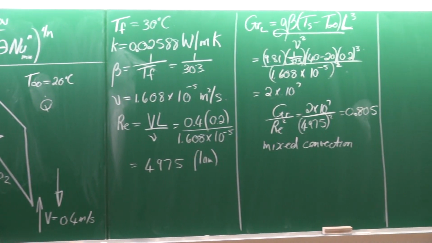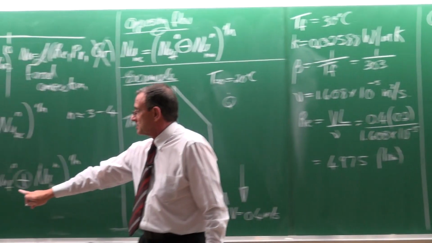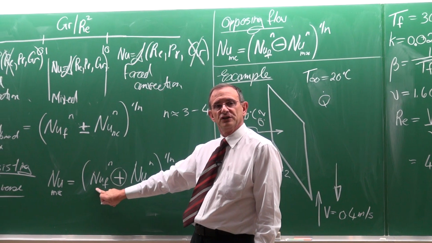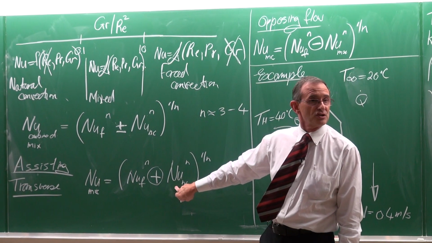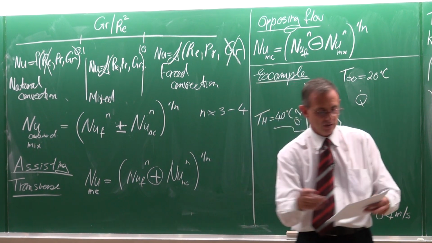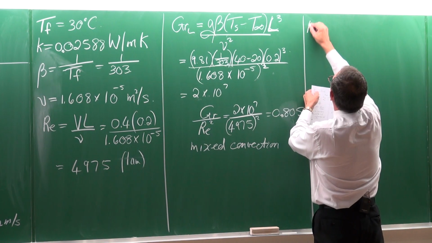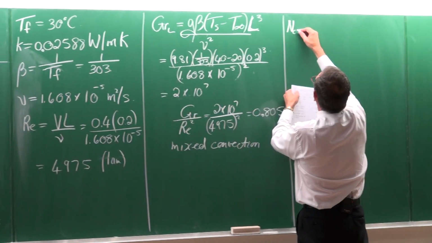So if we've got mixed convection, now we have to determine the Nusselt number for forced convection, and then we have to determine the Nusselt number from the plate for natural convection. Okay, so let's do that.